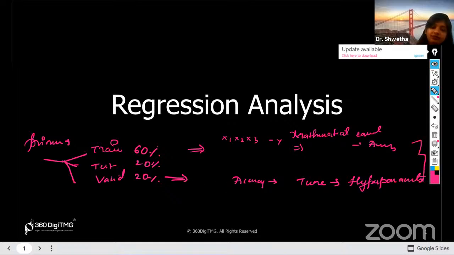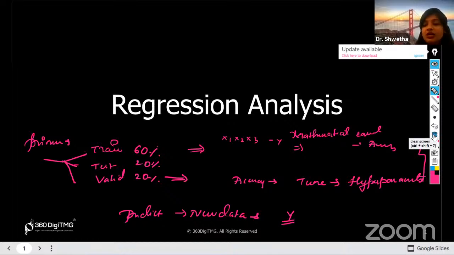Once this is done, we can try to predict on the new data. When you pass new data, the model will be able to predict the appropriate y value for that particular variable. So this is how supervised learning works.